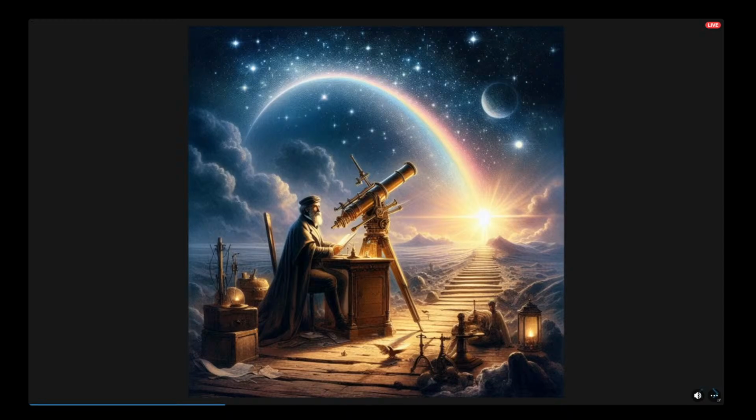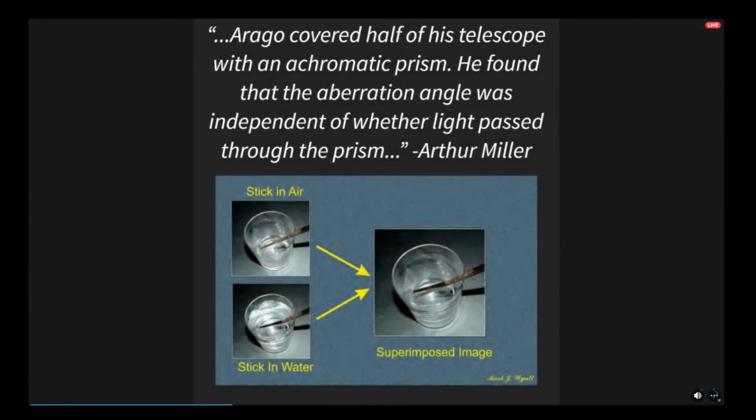And then the other thing that he's famous for was in another experiment that he did, he half covered his telescope with a prism, and the idea there was that if the Earth was in motion, the refraction of the starlight coming through it would change the angle, and it would cause refraction in the starlight.